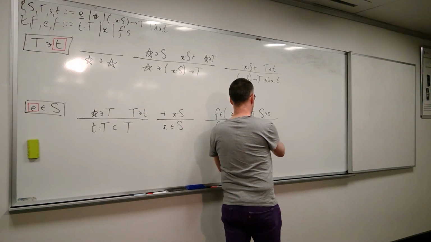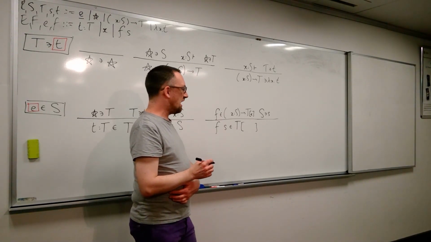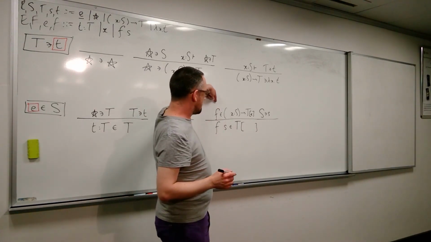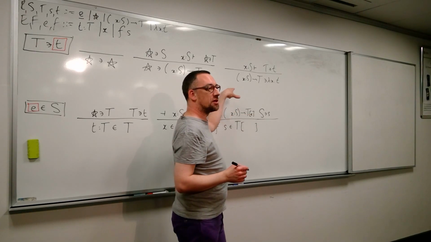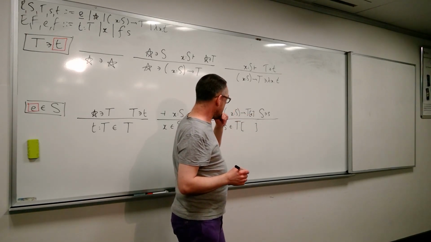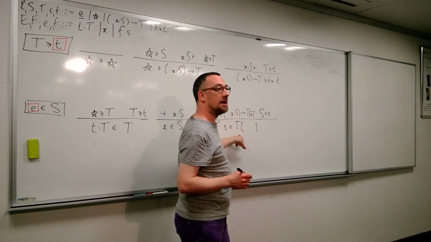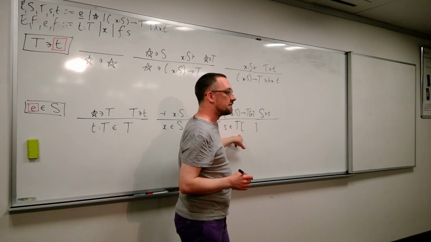T of something. We might like to give back... So we've got a function whose return type depends on its argument value. And I mean, this x is free here, it's not free here. So we've got to do something with it.